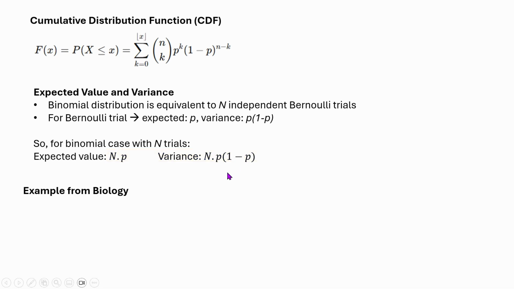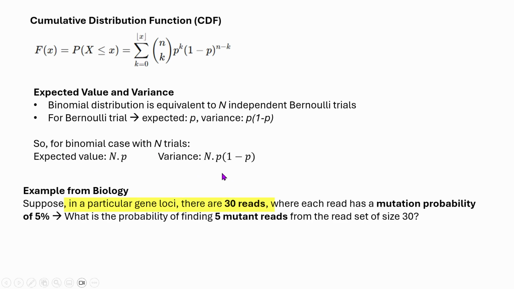Let's finally give an example from biology of the binomial distribution. So suppose in a particular gene loci or gene location, there are 30 reads, where each read has a mutation probability of 5%. So you can think of these 30 reads as 30 trials and the mutation probability of 5% as success probability of 0.05. So mutation means success.